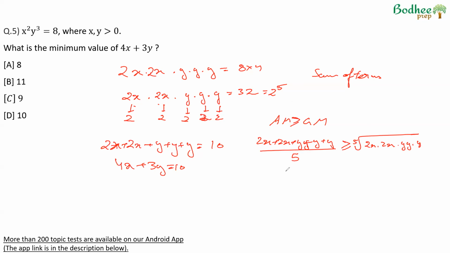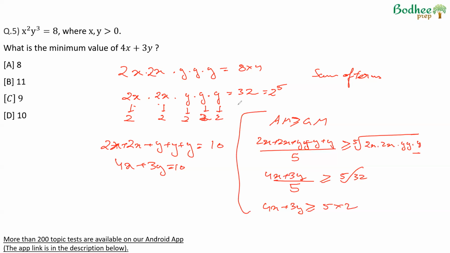So (4x plus 3y) upon 5 is greater than or equal to the fifth root of 32, which is nothing but 2. And therefore 4x plus 3y will be greater than or equal to 5 into 2, which is 10. Both of them are similar, the same concept. The way of writing is different. But in any case, the answer will be option D, which is 10.